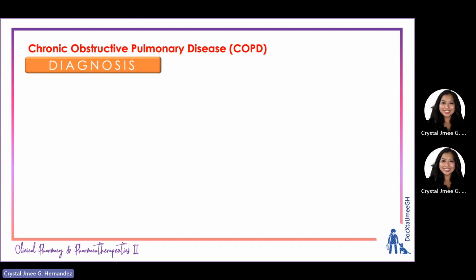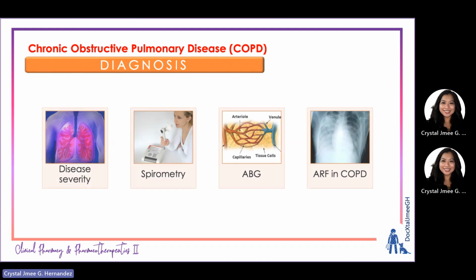Now, for the diagnosis of COPD, the patient's symptoms and history of exposure to risk factors should be considered, and one of the first things to look at is the clinical or disease severity. Later on, I will lead you to the discussion of how to classify the disease severity of COPD.